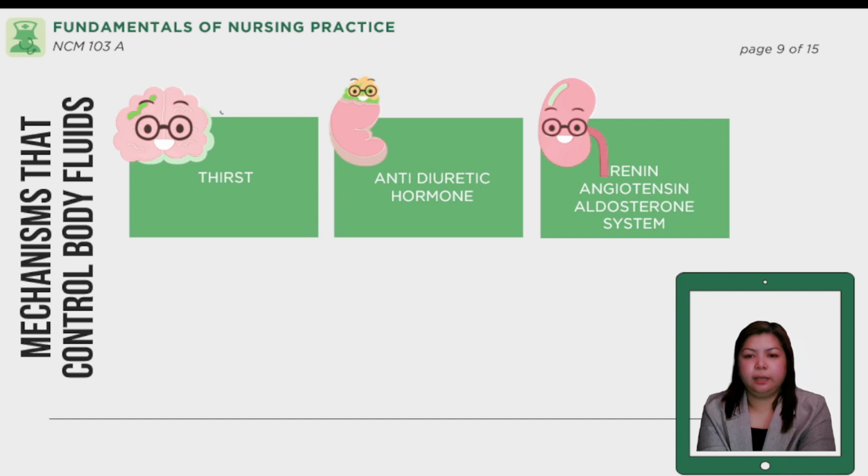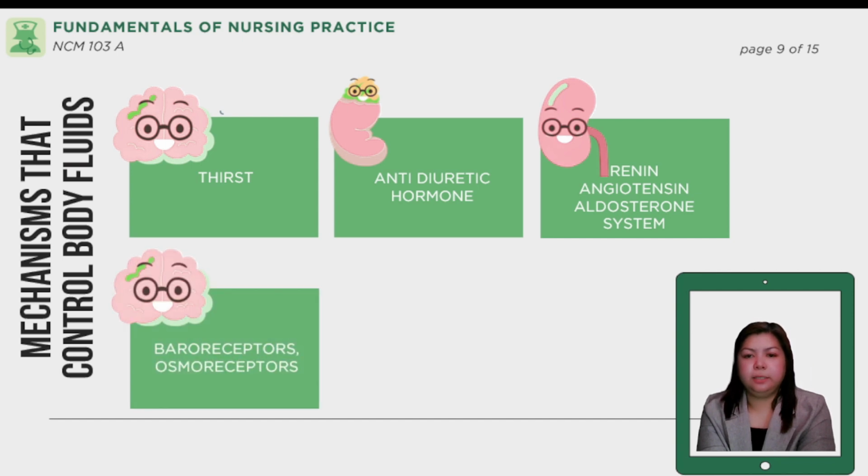Next, you have your baroreceptors and your osmoreceptors. I had already mentioned osmoreceptors in the thirst mechanism. Now let's talk about baroreceptors. These are specialized sensory receptors located in your blood vessels, particularly in the walls of your carotid sinus and aortic arch.